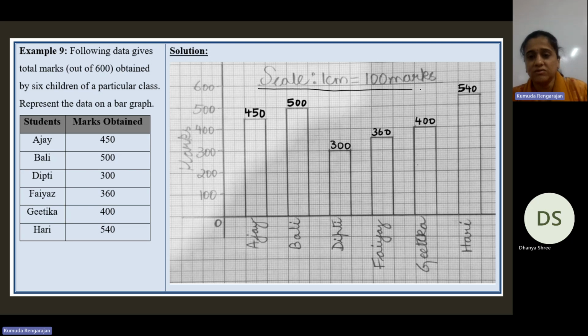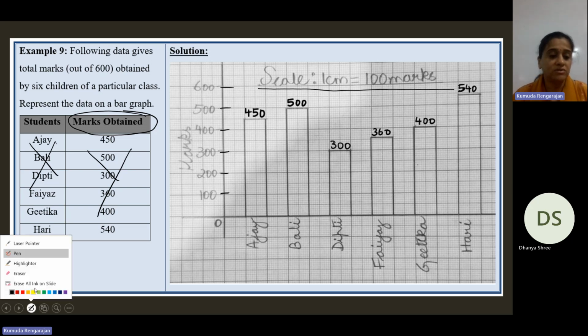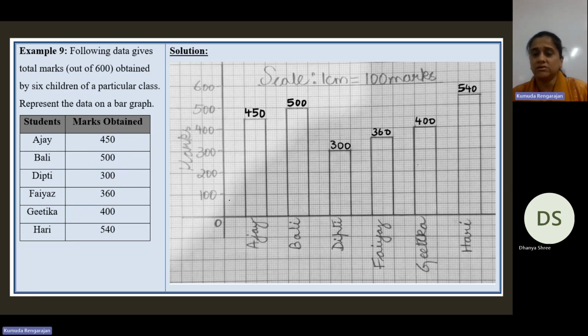Scale 1 centimeter is equal to 100 marks, because this is the x-axis, this is the y-axis, and the y-axis is marks obtained. So 1 centimeter is equal to 100 marks. So you can say 0, 100, 200, 300, 400, 500, 600. Now, how do you read the subdivisions between 0 and 100?